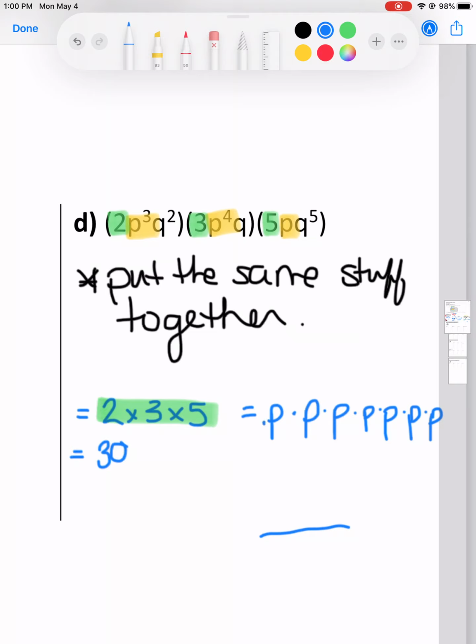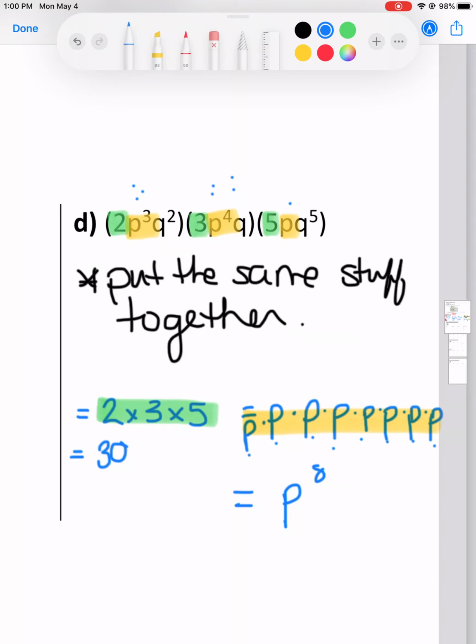I'm going to throw him in at the front here just for space. So I have 1, 2, 3, 1, 2, 3, 1, 2, 3, 4, 1, 2, 3, 4, and 1 and 1. Okay, so that's my yellow. What does that give me? 1, 2, 3, 4, 5, 6, 7, 8. P to the power of 8.